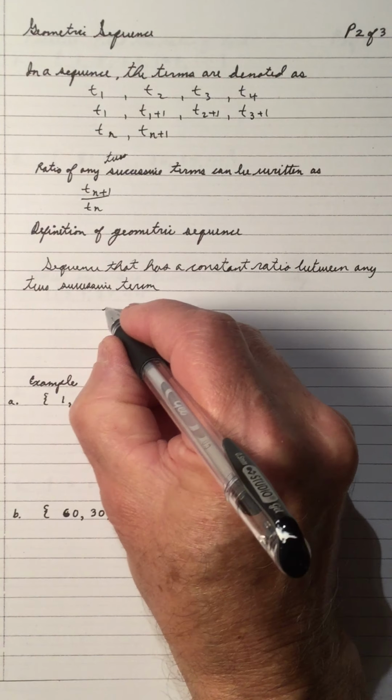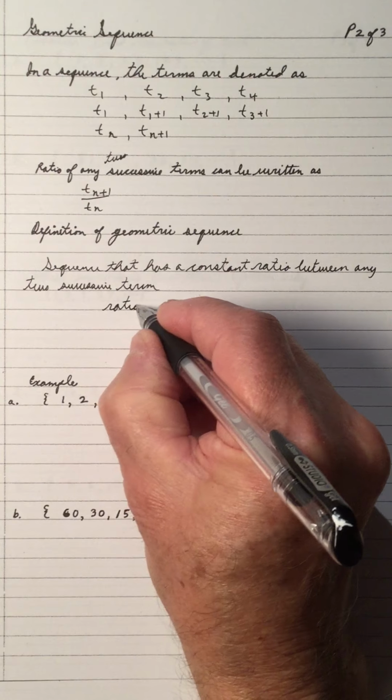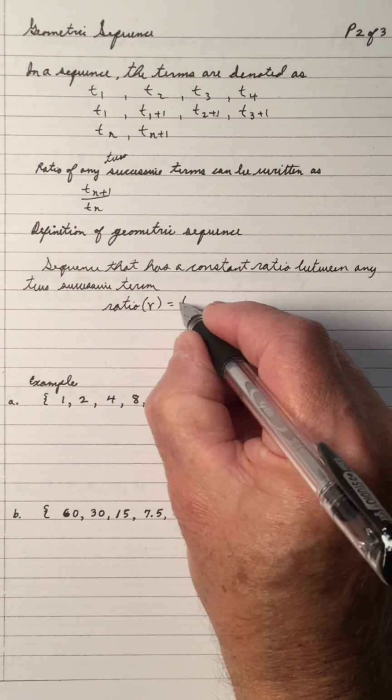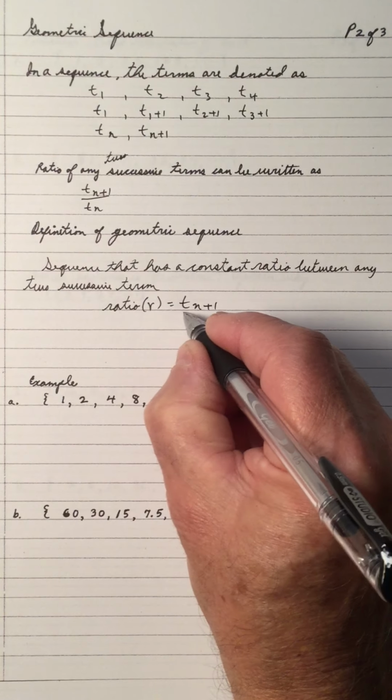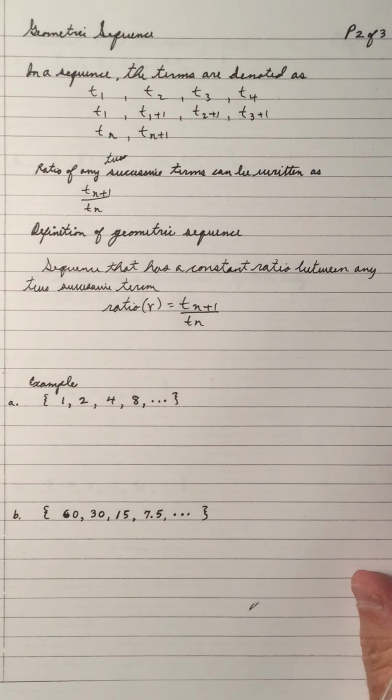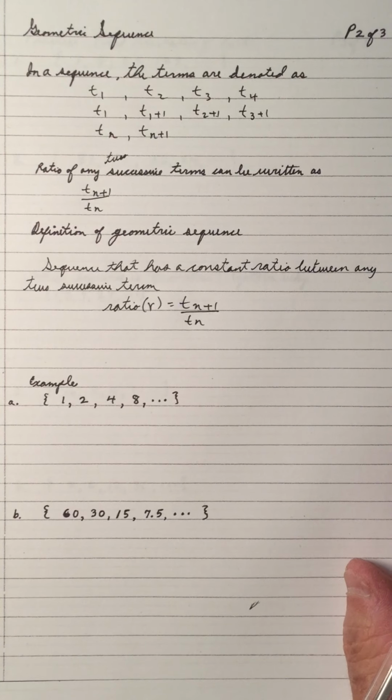And that ratio, denoted by the letter R, is Tn plus 1 divided by Tn. That's the ratio. Ratio is the division of two numbers.